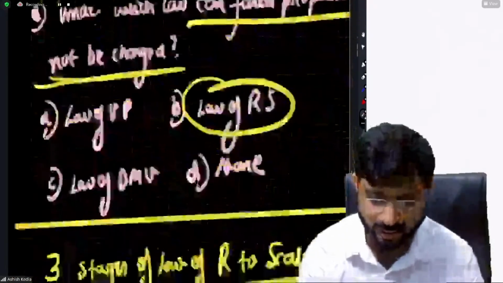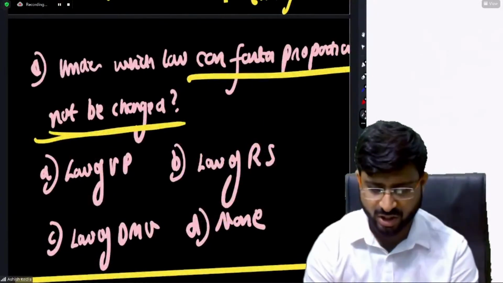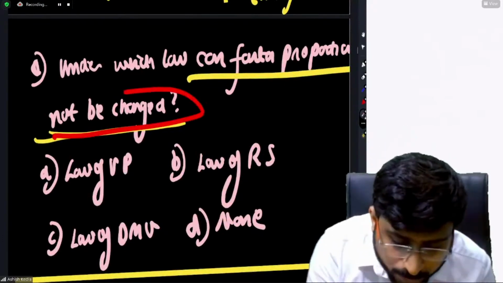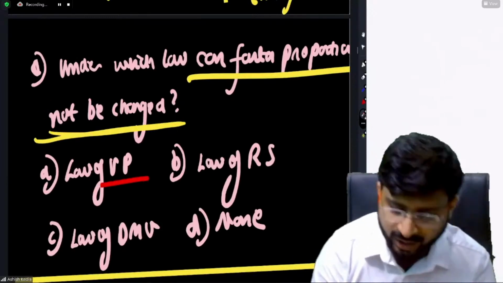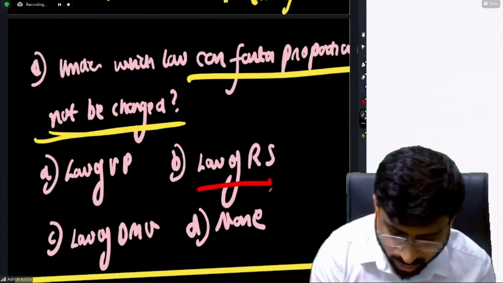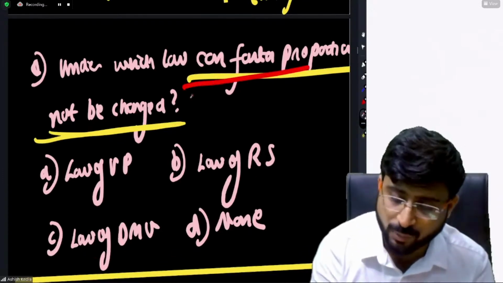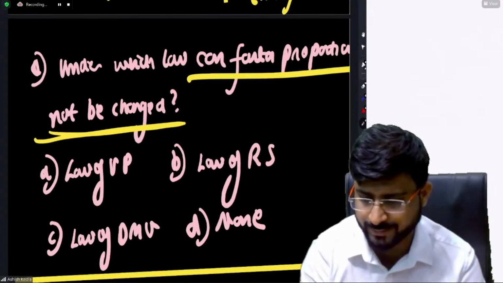Okay, great. So, my question to you is, under which law can factor proportion not be changed? Law of variable proportion, law of returns to scale, law of diminishing marginal utility, or none of these. Where factor proportion cannot be changed.